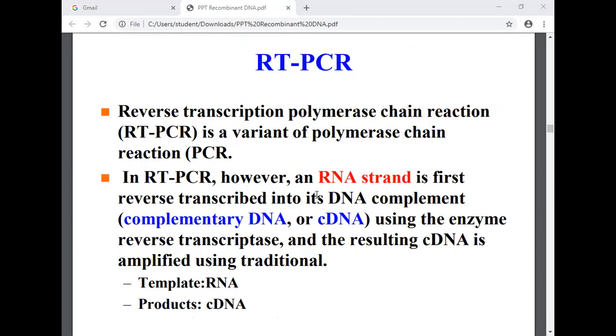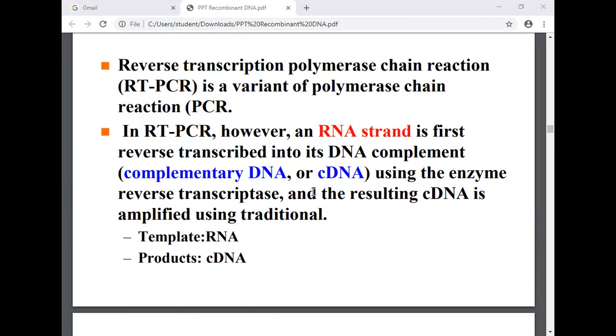So using this technique, anything is just possible. We can change the sequence of RNA, transforming it to complementary DNA. We can change the sequence of DNA, converting it to RNA. We can engineer DNA by altering or modifying the base pair sequence of RNA.